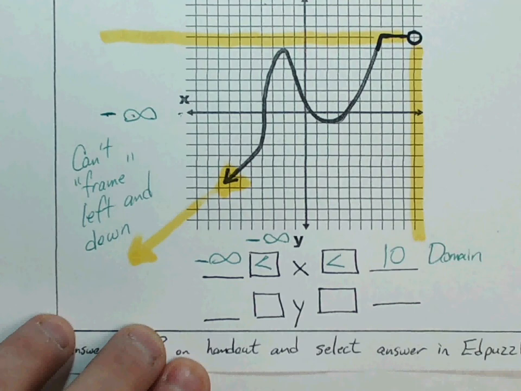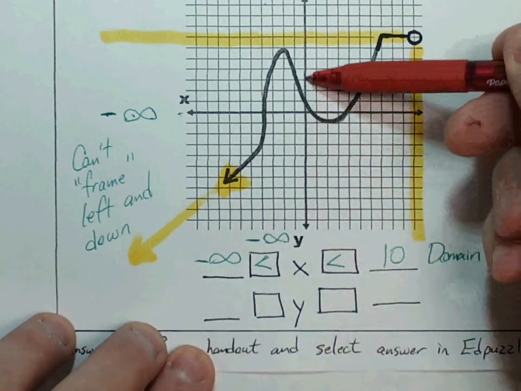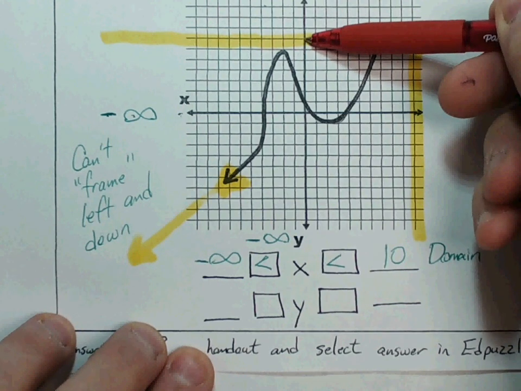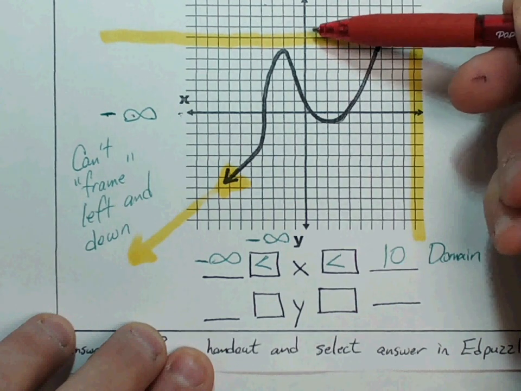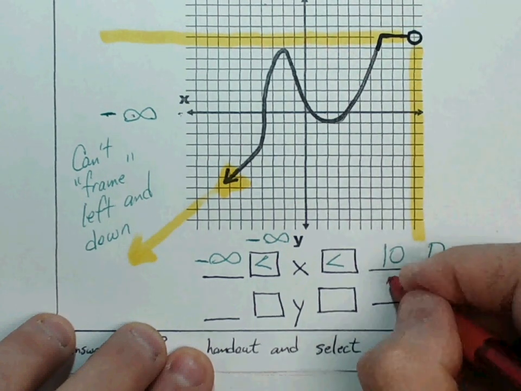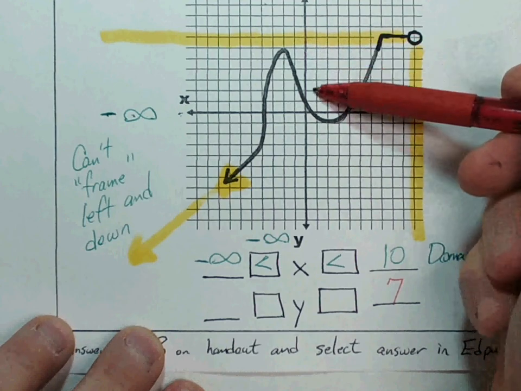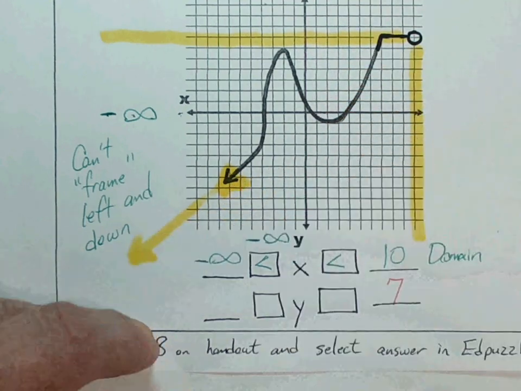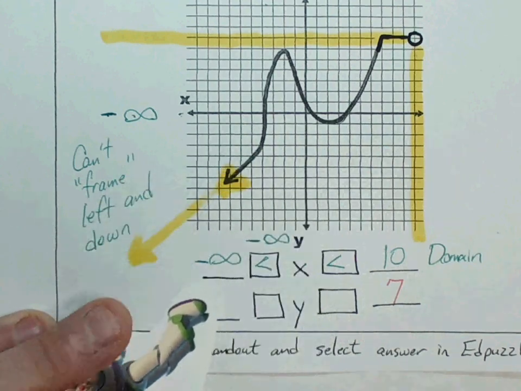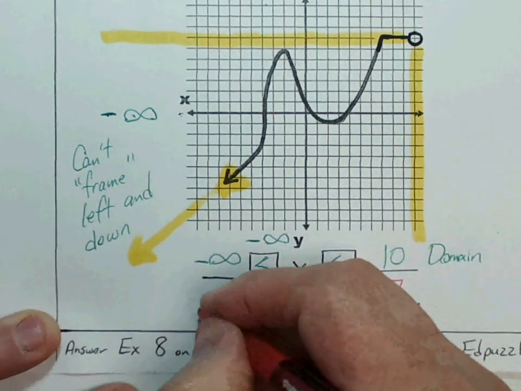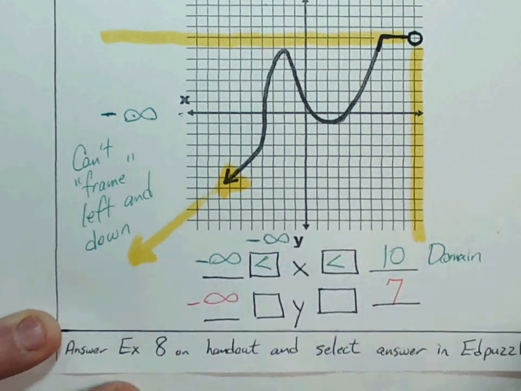So now let's find the range. What's the high value of my y-axis? I can frame that, and it goes up to what? The high value is going to be a 7. What about my low value? Alright, he's going down to infinity and beyond. Had to say that.